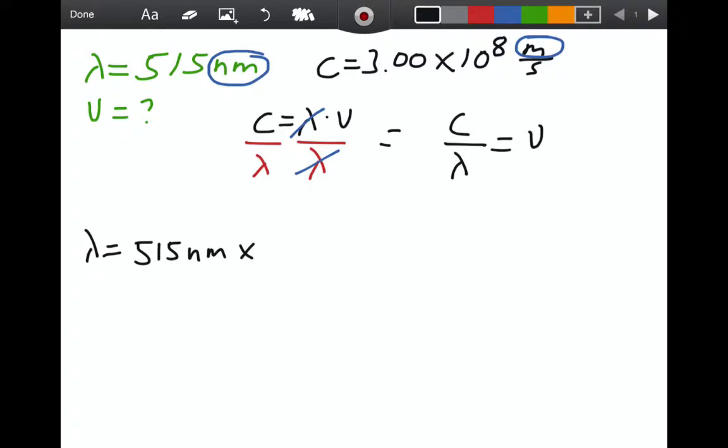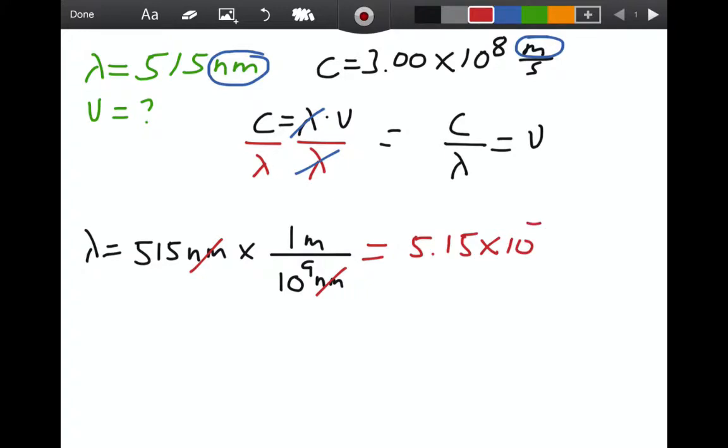We're going to multiply that by a conversion factor, and since we want meters, we're going to put 1 meter up on top. And if we look up the conversion factor between meters and nanometers, there are 10 to the 9th nanometers per every meter. So that allows our nanometers here to cancel, and we end up with a lambda of 5.15 times 10 to the minus 7 meters.